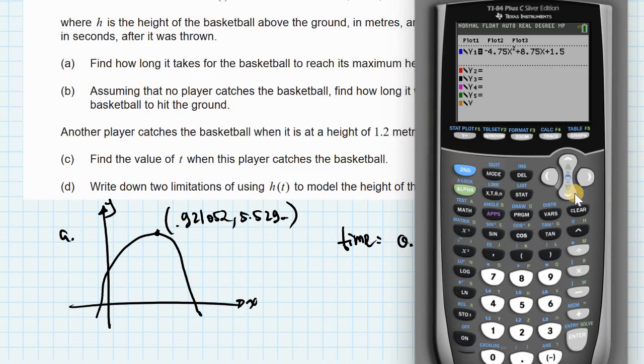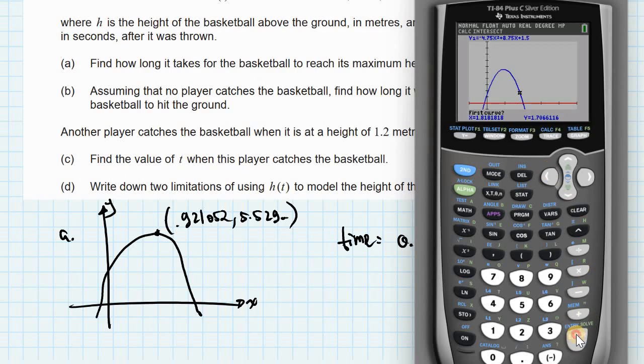So y equals 0, we will make the second graph, y equals 0, and then graph it. We should have two lines. We need to find the intersection here. Second, trace the intersection. It looks like 2, but let's just be sure. Enter. Yeah, x is 2, y is 0.